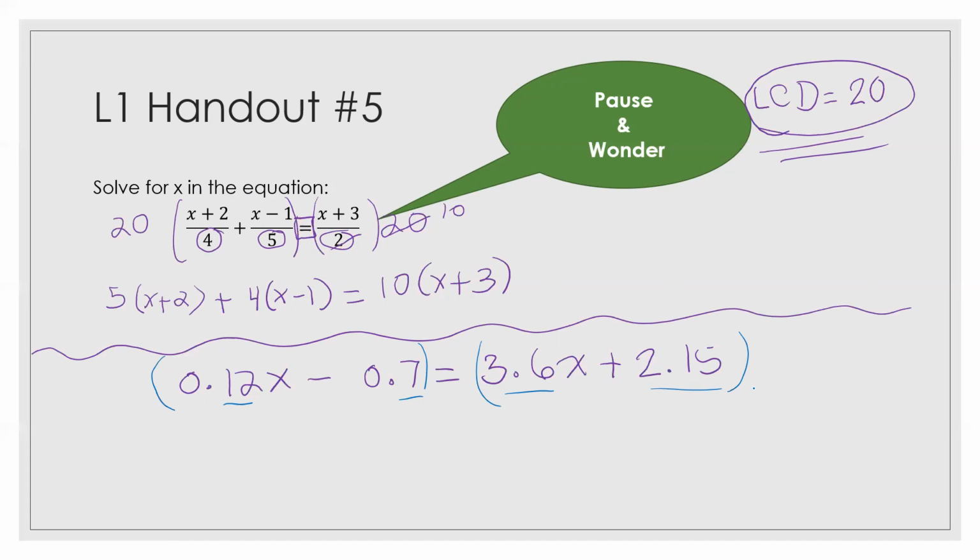So 0.12 is 12 over 100. So what number am I going to multiply to both sides? 100. And guess what will happen when we do that? It just turned into a very nice looking equation.